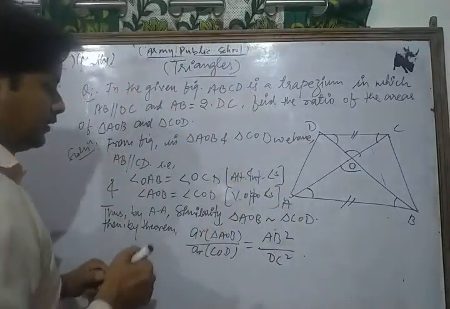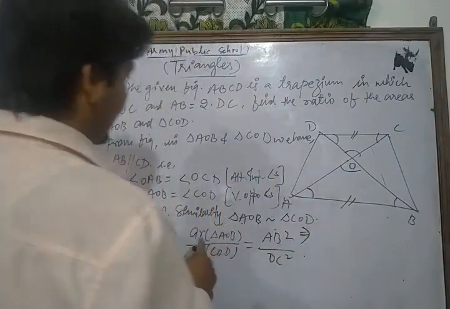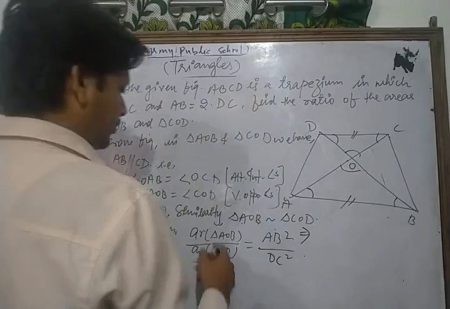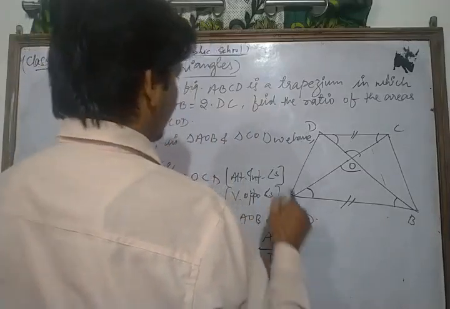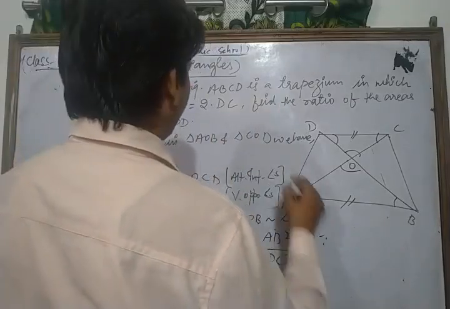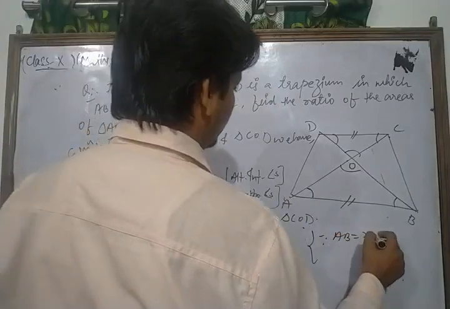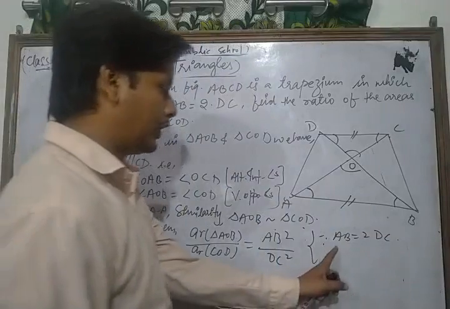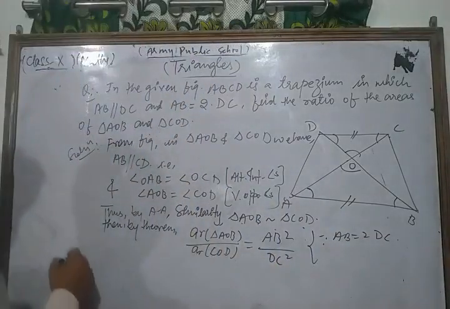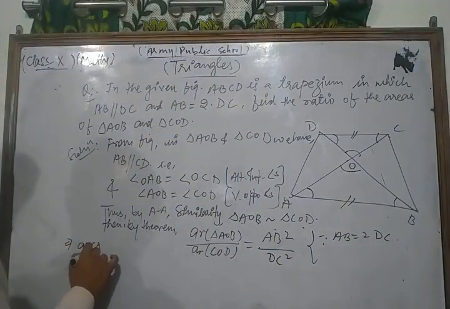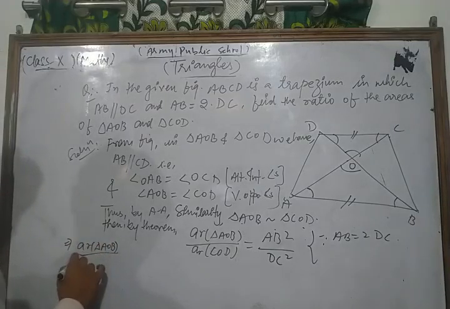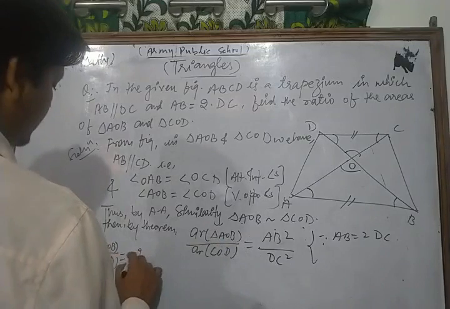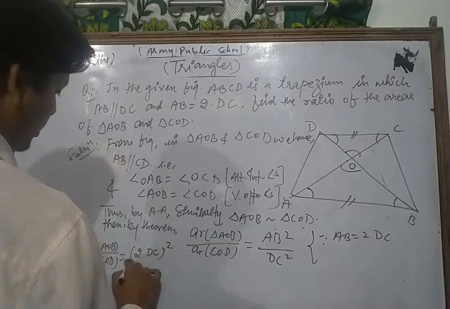Now we put the values. Since AB is equal to 2 times DC, we get area of triangle AOB upon area of triangle COD is equal to (2 times DC) square upon DC square.